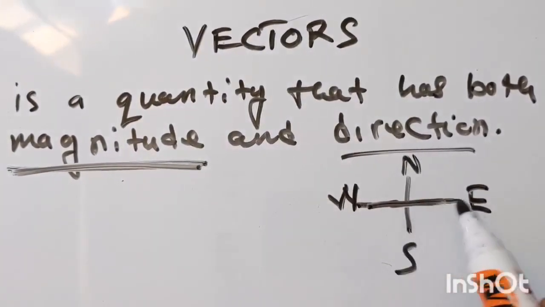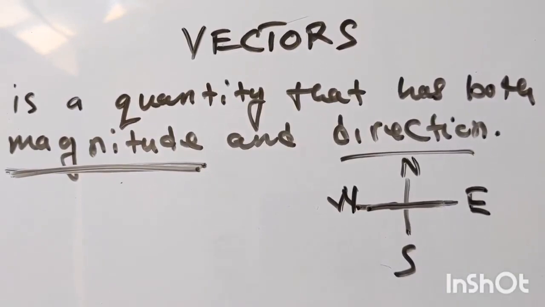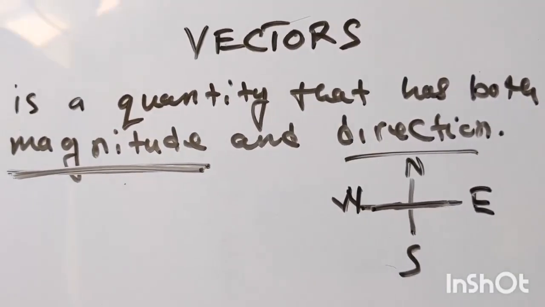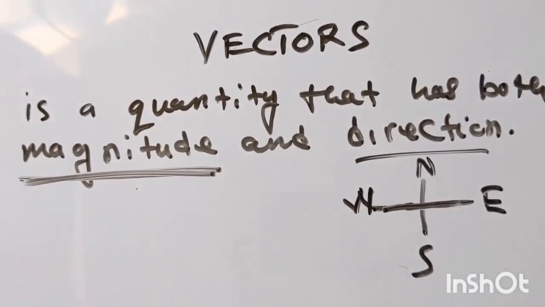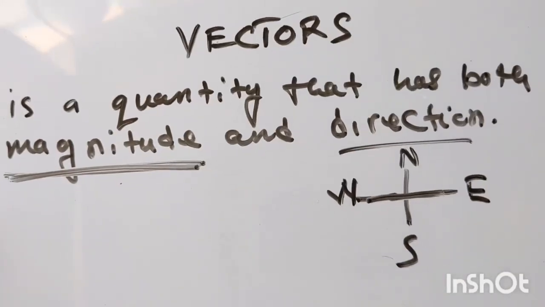Say a car moved 15 kilometers east. That is what we call direction. So a vector is a quantity that has both magnitude and direction.